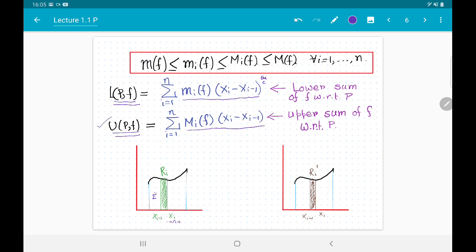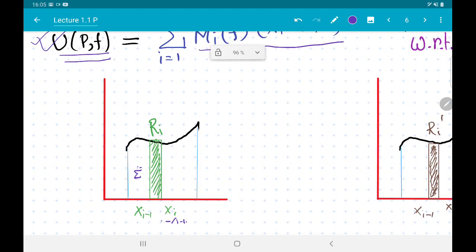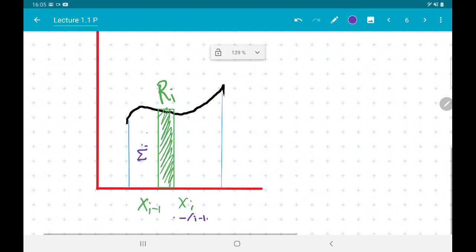Let me try to explain what LPF and UPF are in geometric terms. Suppose this is our graph of the function y equal to f(x), and we have taken the ith subinterval. Now we want to create a rectangle of height where the maximum of this function or the supremum of this function is attained.